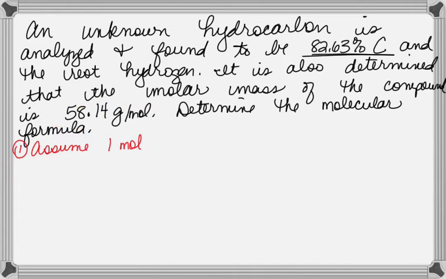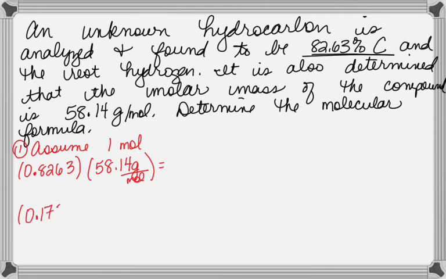So we can figure out how many grams of hydrogen, because 82.63% of the 58.14 grams per mole will tell us how much of that is carbon, and 0.1737, remember that comes from 100 minus 82.63, 0.1737 of the 58.14 grams is hydrogen.